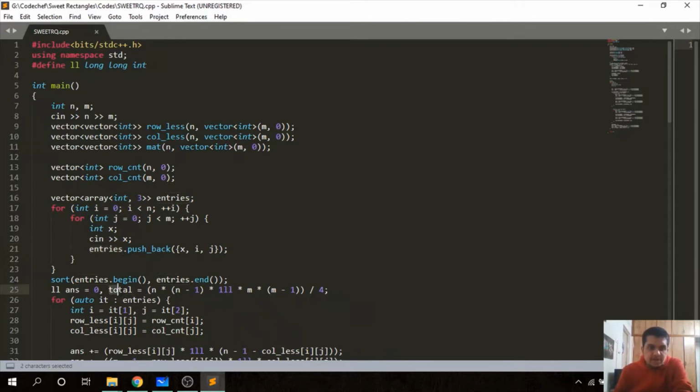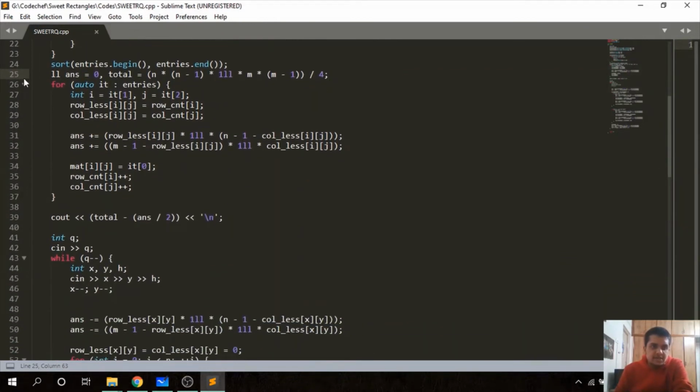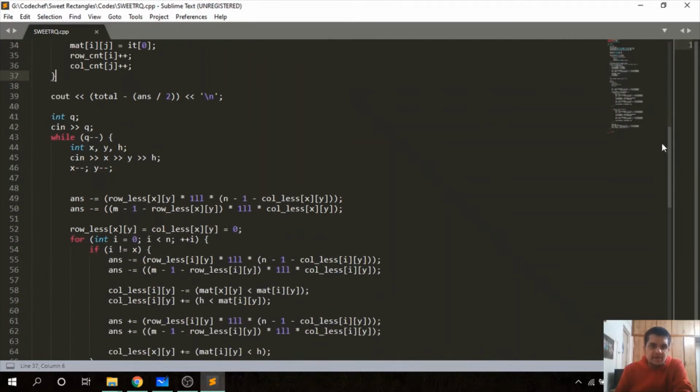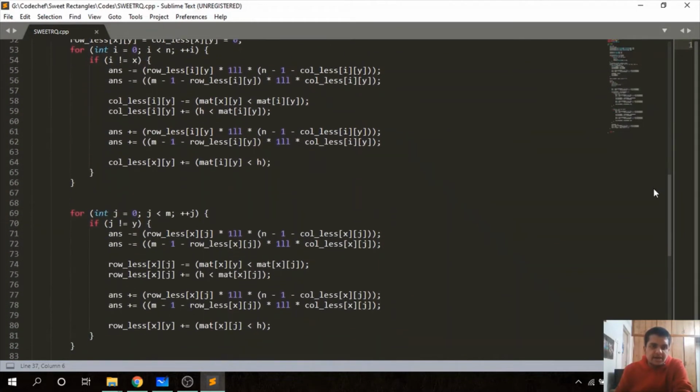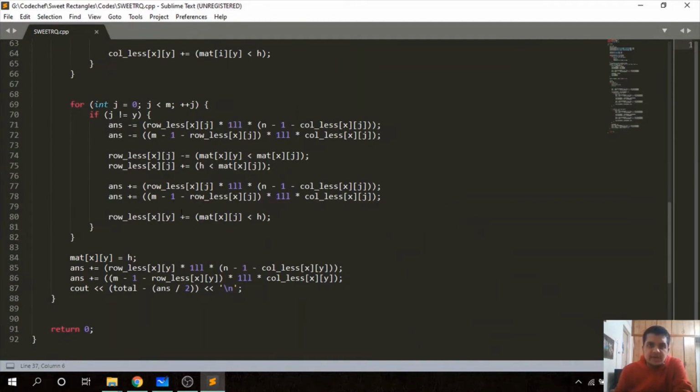Now here there is a total which is n into n minus 1 into m into m minus 1 upon 4. So it basically represents nC2 into mC2. This is exactly the procedure that I have described in the video solution. And yeah, this solution will be available in the comments, so you can refer to it for further information. So this winds up our solution.